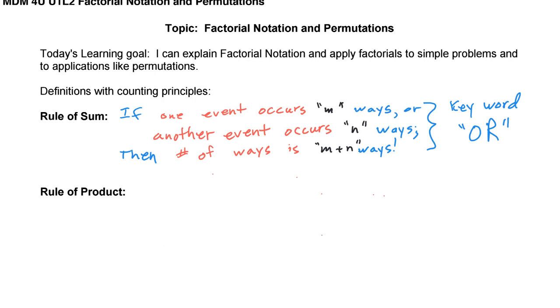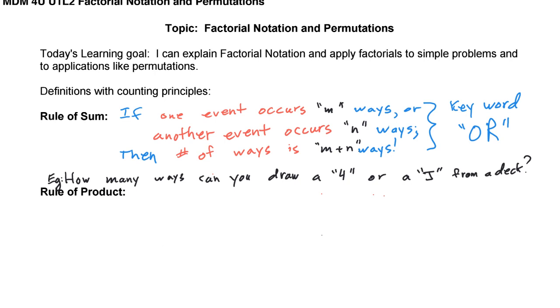So here's an example. How many ways can you draw a 4 or a jack from a deck of cards? Well, it's 4 for the 4s, because there's 4 cards that are 4, plus 4 again, which gives us 8 ways.